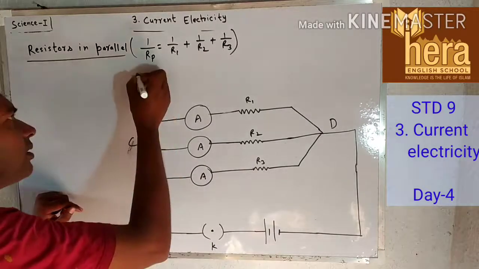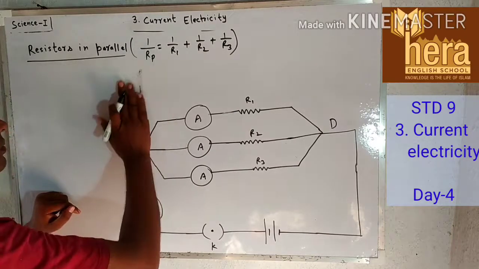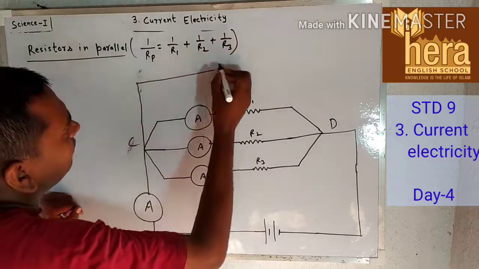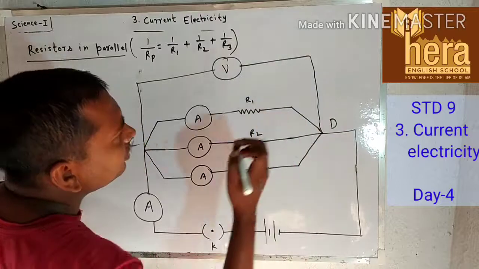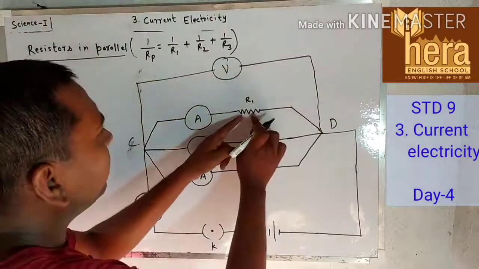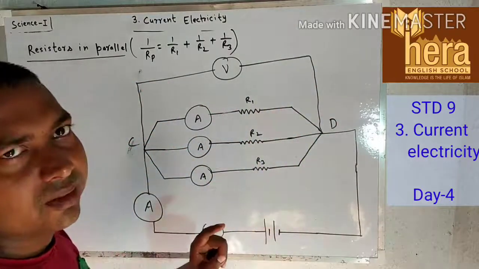We will connect a voltmeter here. This voltmeter will be used to measure potential difference across R1, R2 and R3.